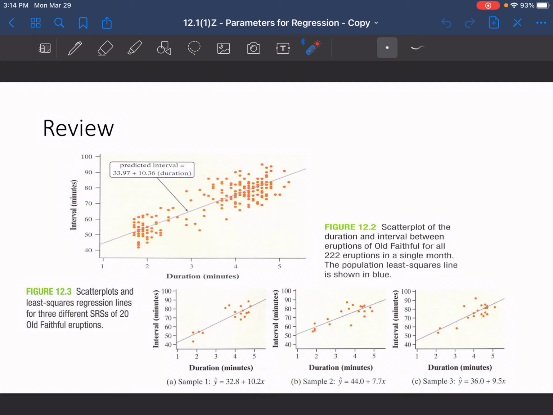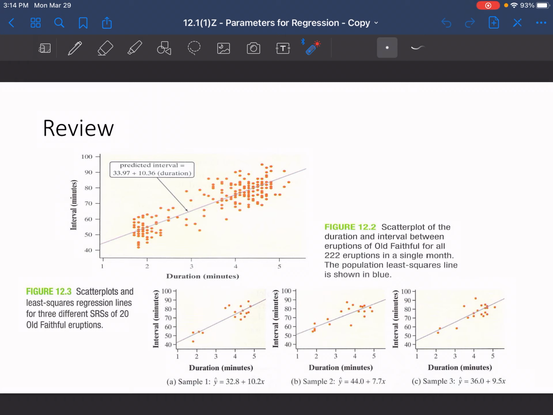What you should notice is what you see right down here below, and that's our least squares regression line, our sample regression line for each one of these particular samples. And you'll notice that they're all different, okay? They all have different intercepts, they all have different slopes. Each one of these samples is not going to equal the particular population regression line that we're looking at.